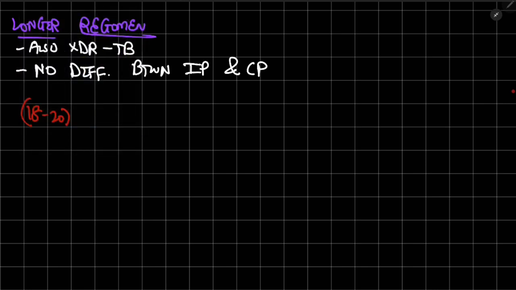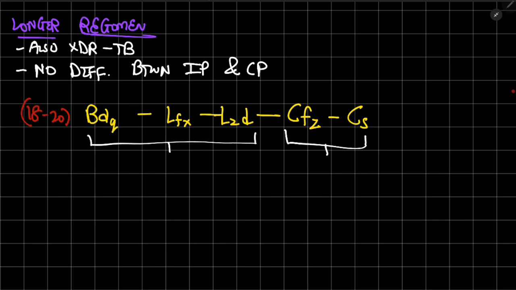Now what is the regimen exactly? So it says that the three drugs from group A, bedaquiline, levofloxacin, and two drugs from group B. Sorry, there's one mistake, now it is fine. 3 drugs from group A and 2 drugs from group B. The reason I am learning this regimen by heart as group A and group B is because it gives us a clear idea of visualizing the regimen and remembering it for a longer duration.